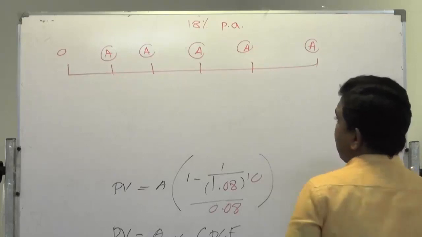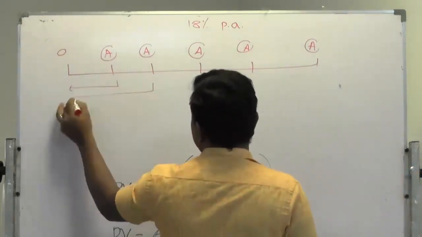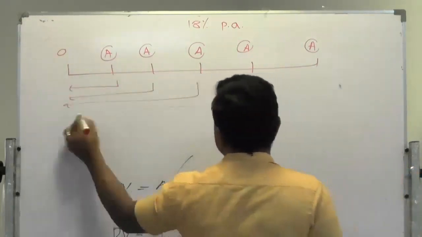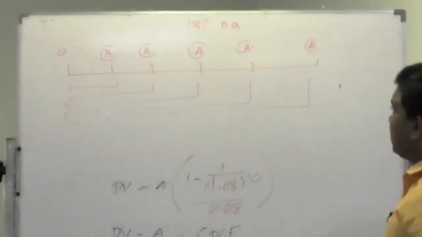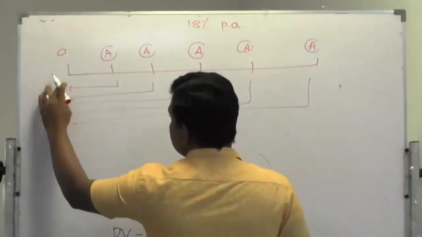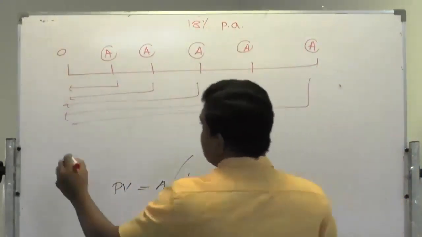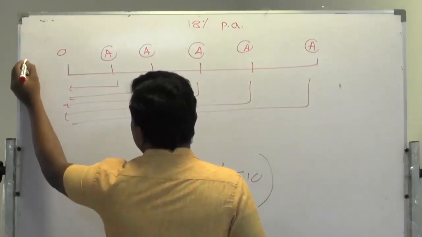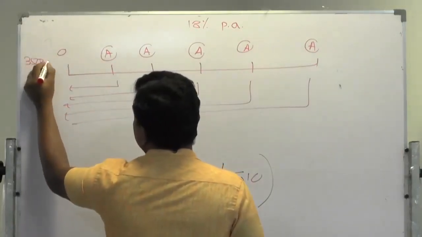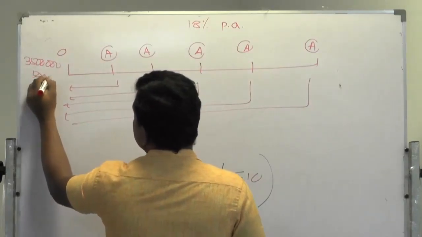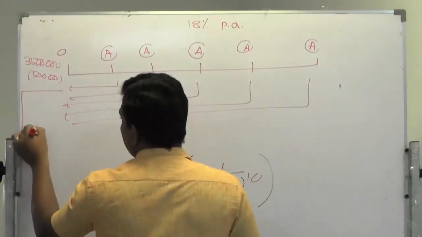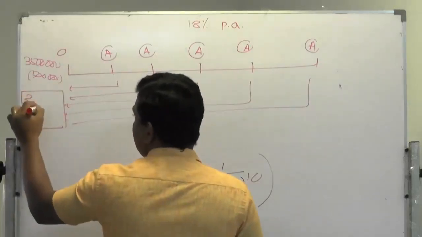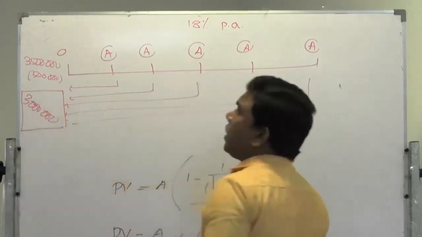Now you need to calculate the present value of this installment, that is the present value of an annuity, right? You don't know the installment, but they have given you the present value. Why? They mention the value of the asset 3.5 million, but you have paid 500,000 down payment. Therefore actually you have to pay a loan of only 3 million, since you have paid the down payment of 500,000.